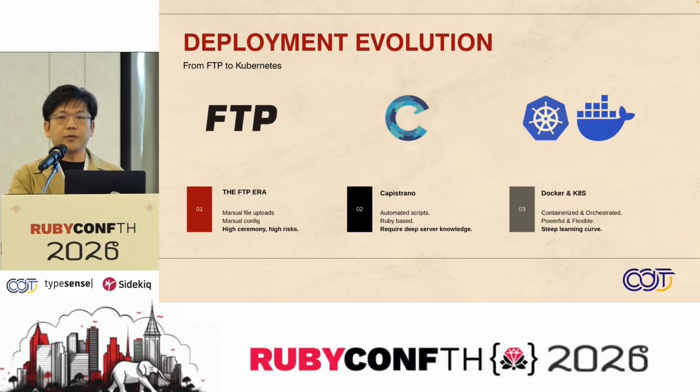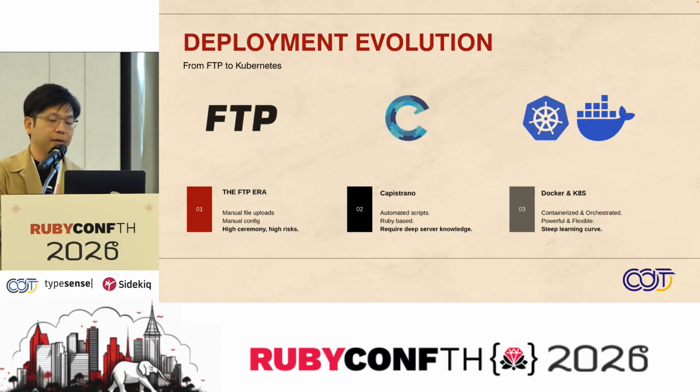But there's a trade-off. The learning curve is very steep. Using Kubernetes, you need to know Helm charts, service meshes, ingress controllers, secret management, cert-manager. And for many Rails teams, this means you now need a platform team just to keep the cluster healthy.